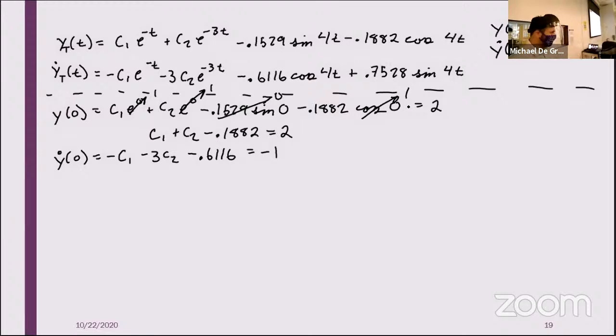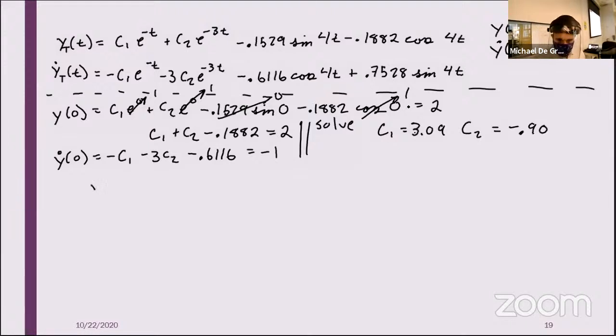I've got two equations and two unknowns. I'll solve these simultaneously. C1 and C2 then become 3.09 and negative 0.90.